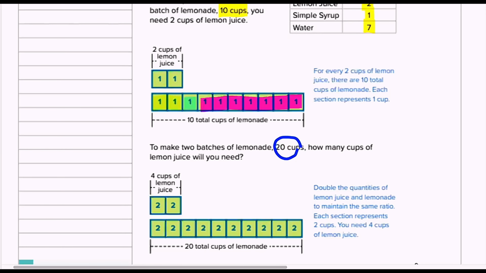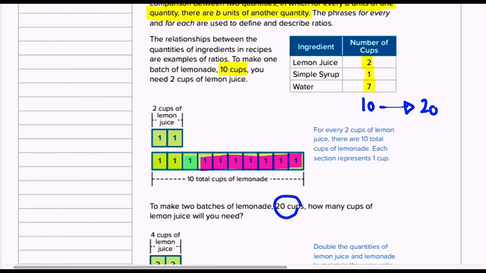The number changes from 10 to 20, so we need to find the scaling factor to convert 10 to 20. I need to change the number of batches or cups to 20, 2 batches. That means the scaling factor here is 2, because it's double the number we have in the first ingredients. I have to go to each part of my ingredients and multiply it by the same number.